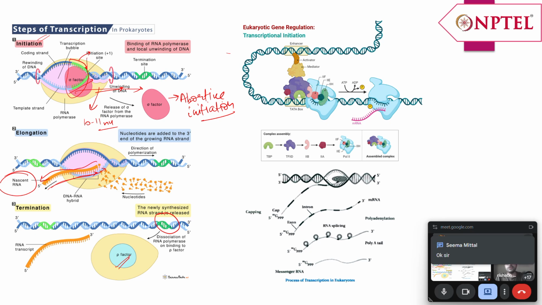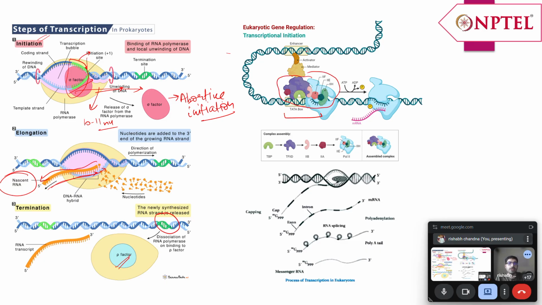Now we'll move on to the eukaryotic transcription in brief. Although it's more complex, I'll try to be as simple as possible. In the eukaryotic system, the promoter has many regulatory elements; in the prokaryotic system the regulatory elements are fewer. For eukaryotic transcription, the binding of the RNA polymerase to the promoter is initiated by various factors called transcription factors.